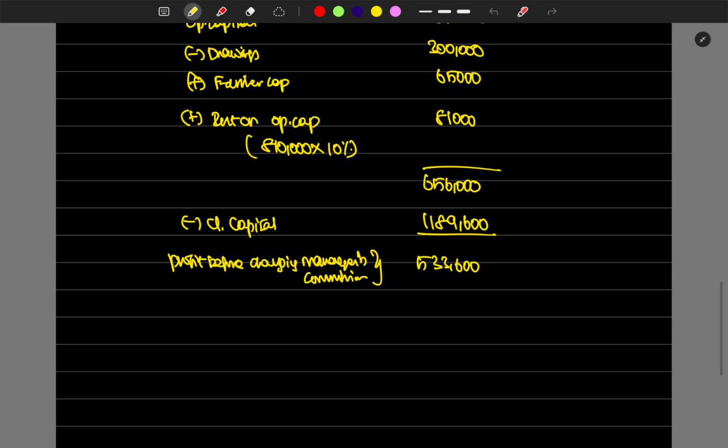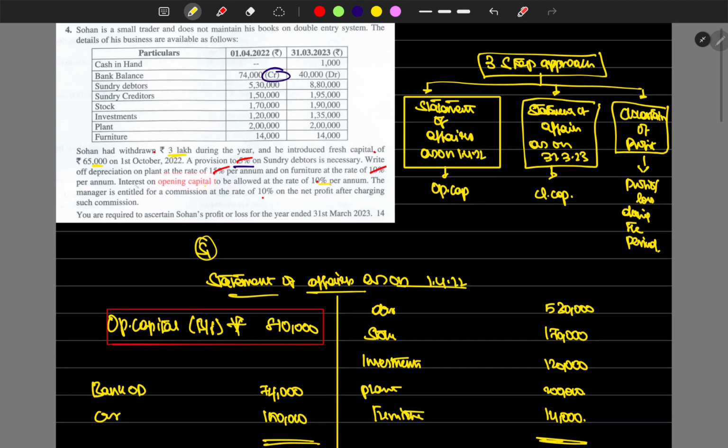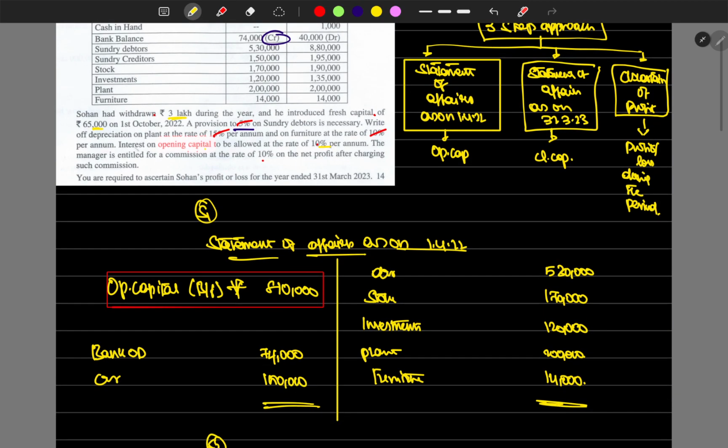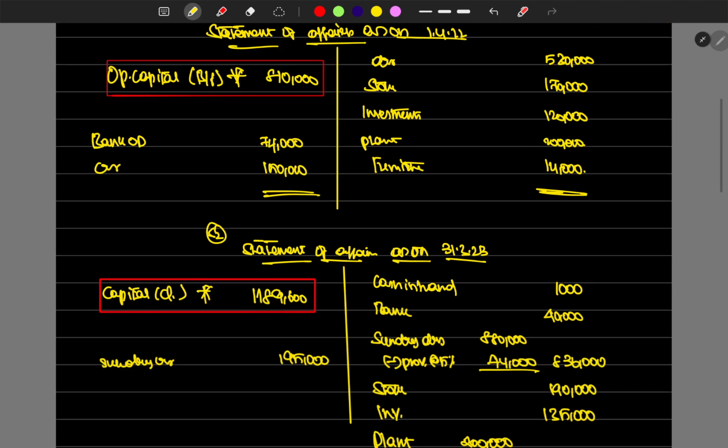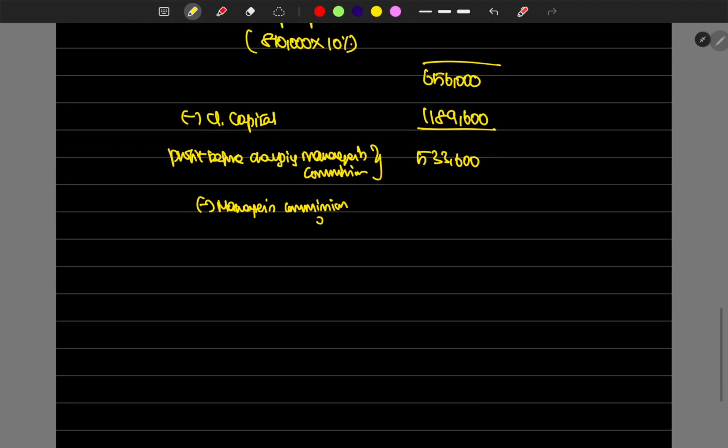Okay, then we have to deduct the manager's commission. How much is the manager's commission? 10% on profit after charging such commission.